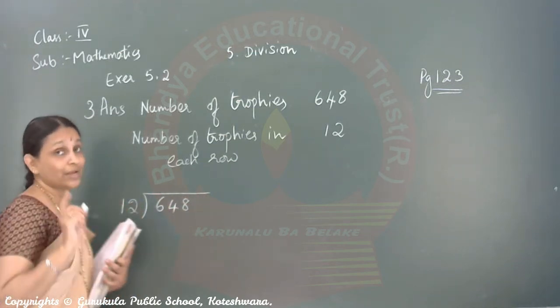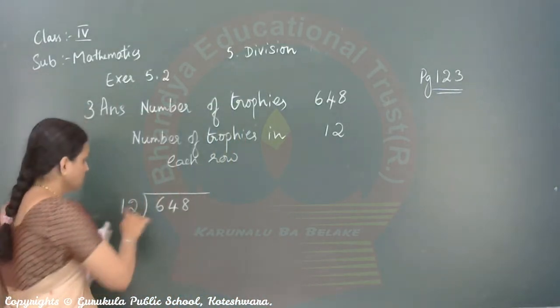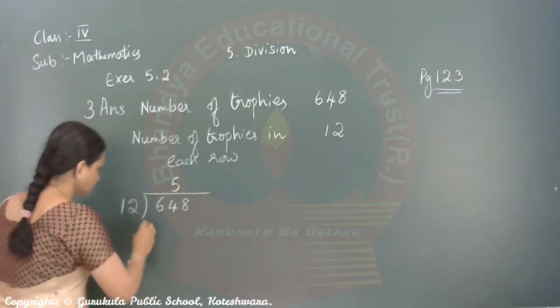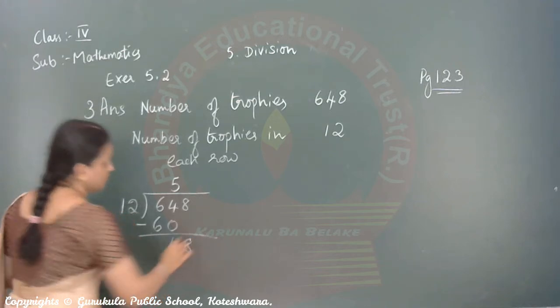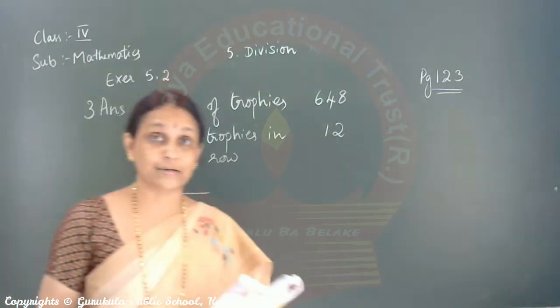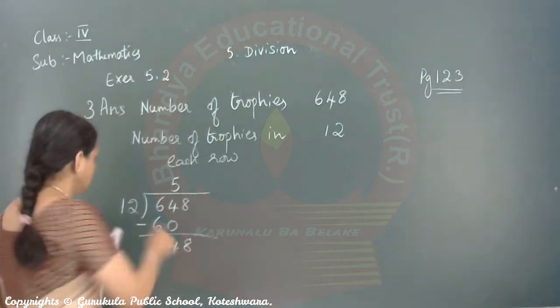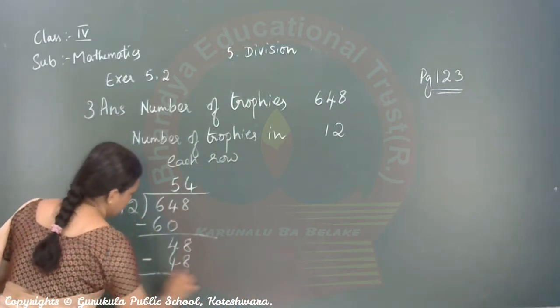12, I think 12 tables you should know. I am not going to multiply and see and tell you. So it is 12 5s are 60. Then 12 into what is 48? Very easy. 12 tables you should know by now. 12 fours are 48.